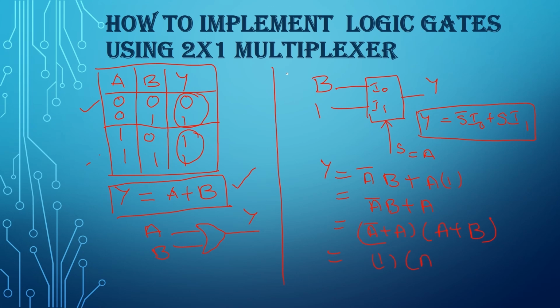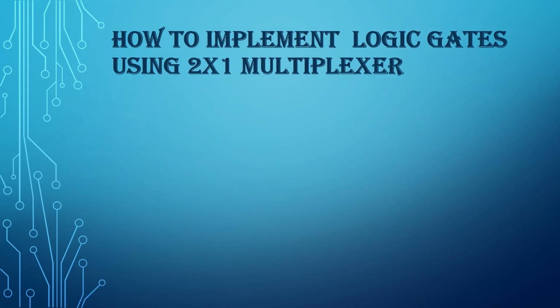As we know, A bar plus A is 1, into A plus B. So Y is equal to A plus B. See, we obtained the OR gate output from a 2x1 multiplexer. So to implement OR gate using a 2x1 multiplexer, we consider inputs B and 1, selection input A, and output Y. So this is how we can implement OR gate using a 2x1 mux.